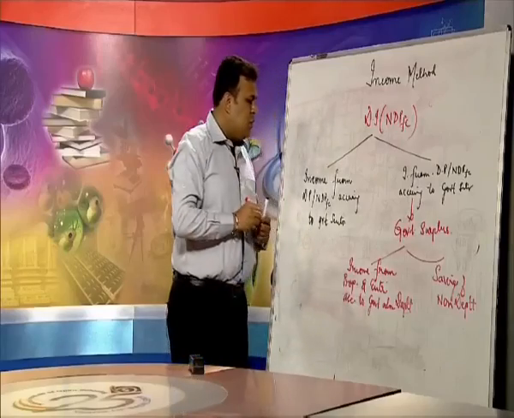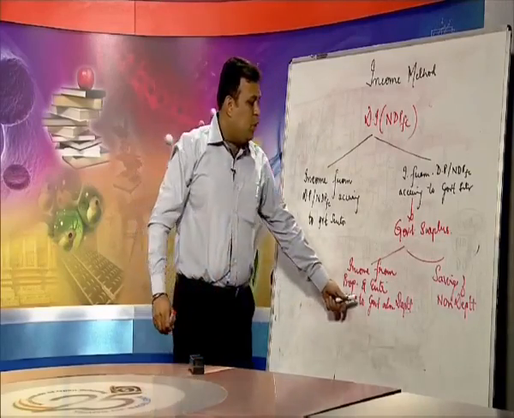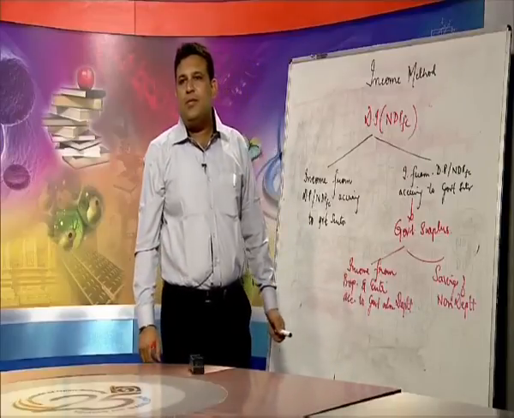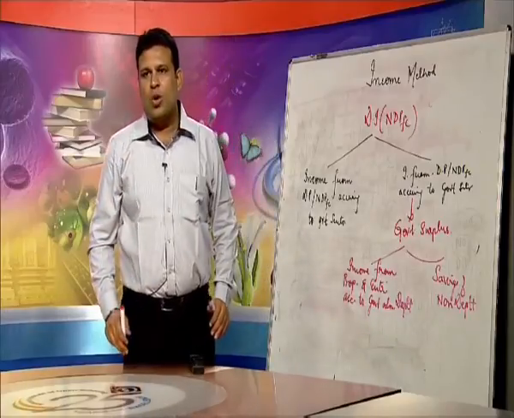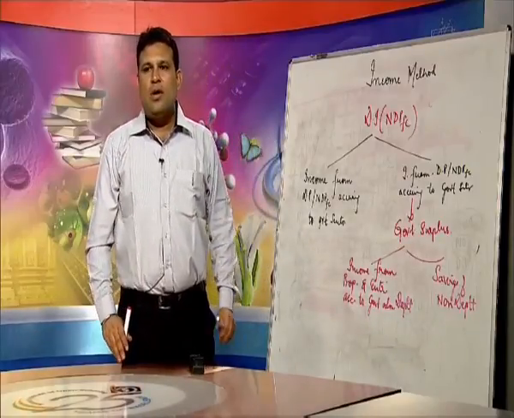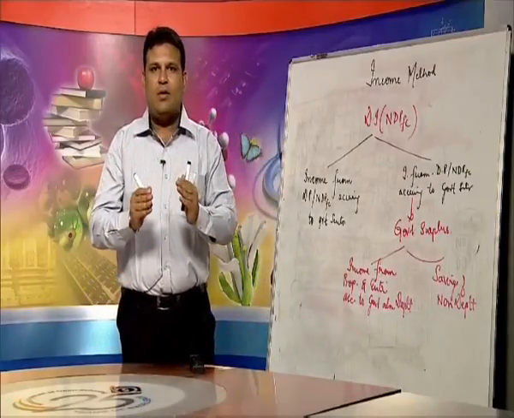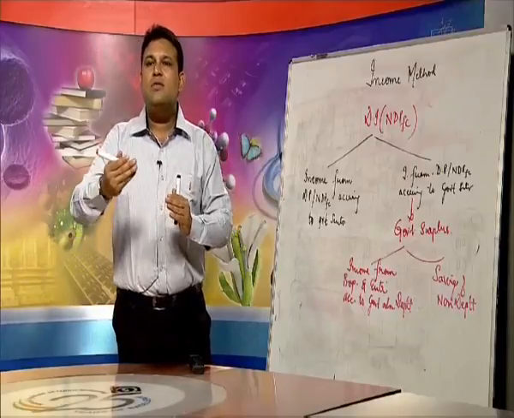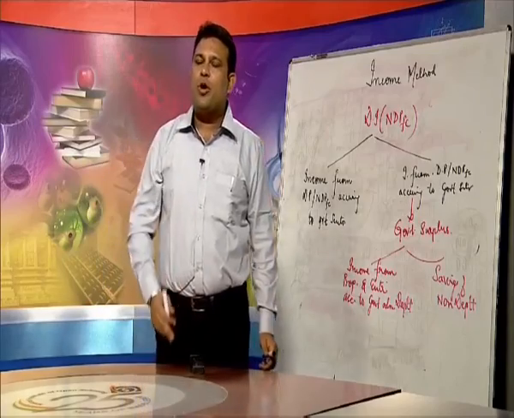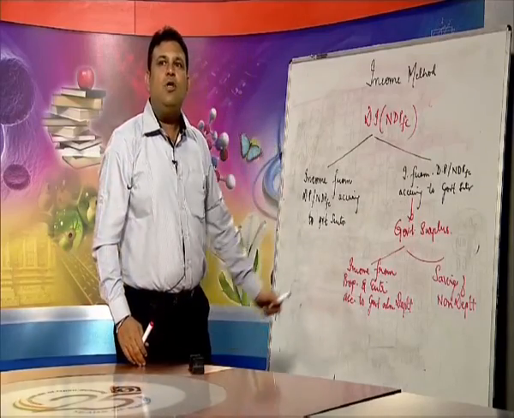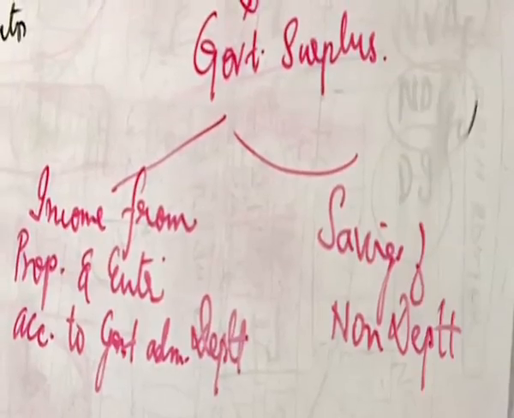Now, what is government administrative department? If you had been to airport, what is there on airport? Airport is only one, but different airline services are there, and they pay in crores to Airport Authority of India for using their airport property.